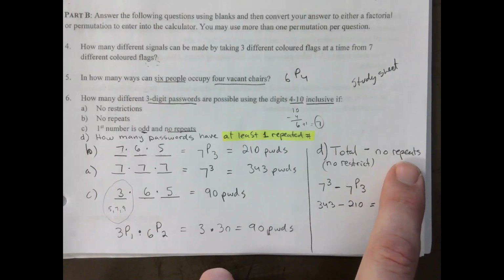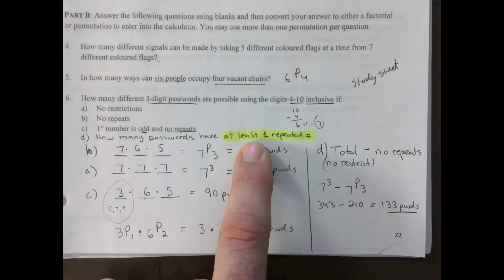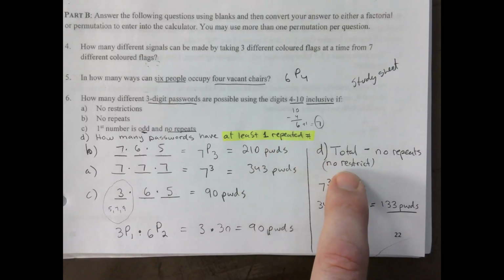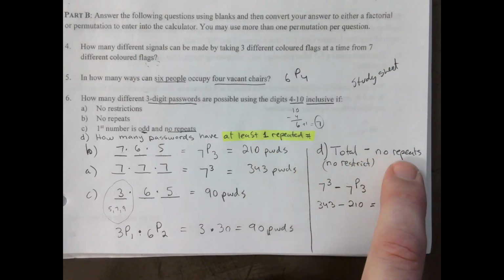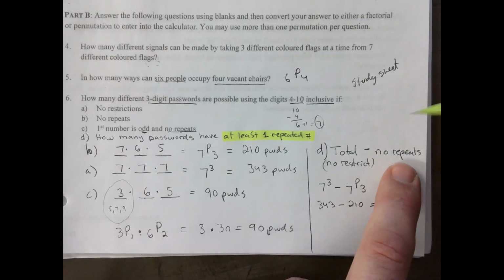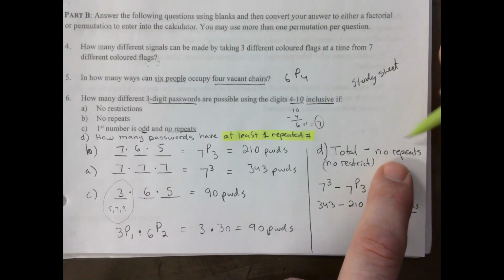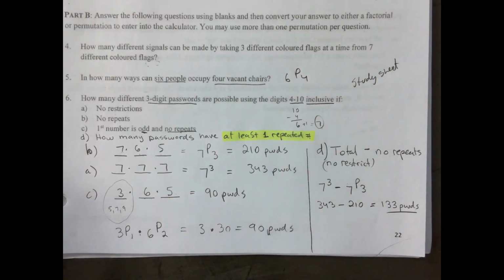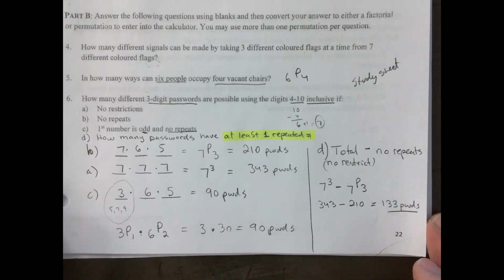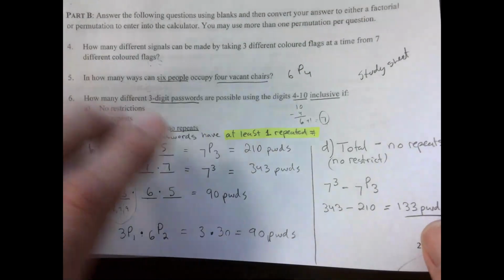If it says at least one student from grade 12, that's coming later on, you would go total minus all the ones that have no grade 12 student. You want to take away the no's to end up with the rest, okay? So that's important.